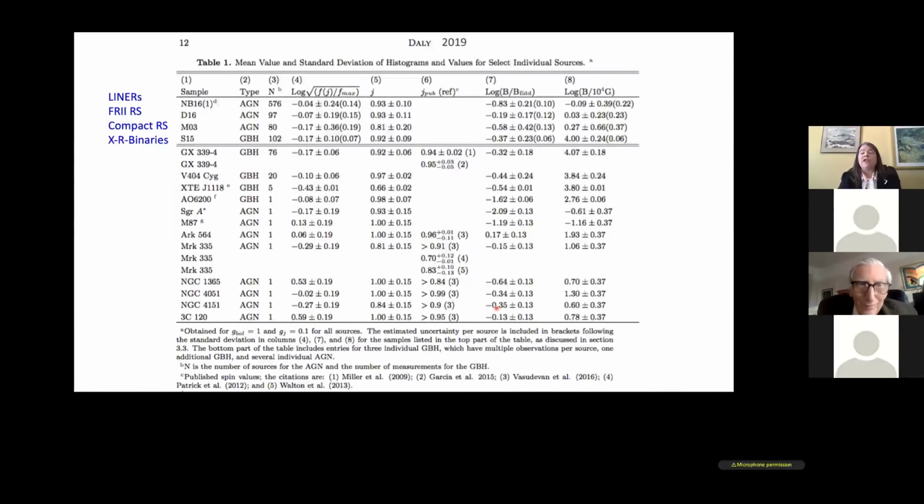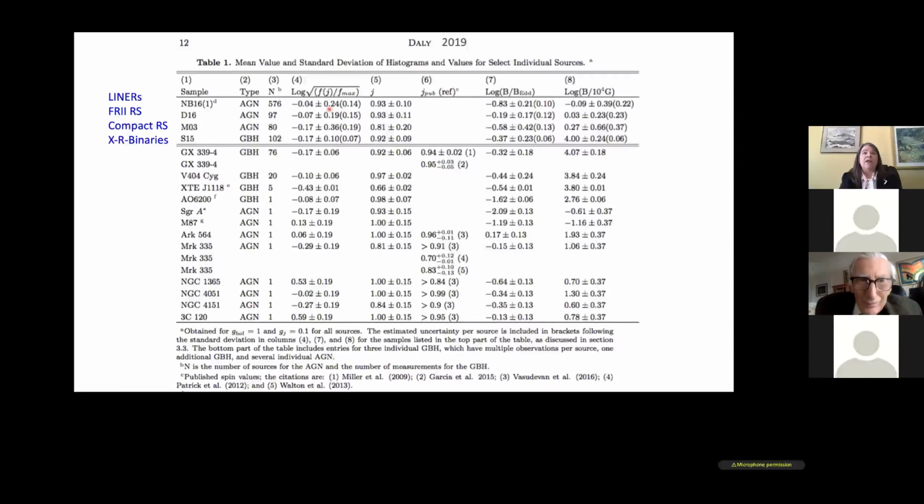All right, now before I show you the results for the spins, this is just to remind you where we are. We have 576 LINERs. The overall spin function, square root of the spin function, which I call capital F, is coming in with a spin function centered at about 1, and with a broad range on each side.